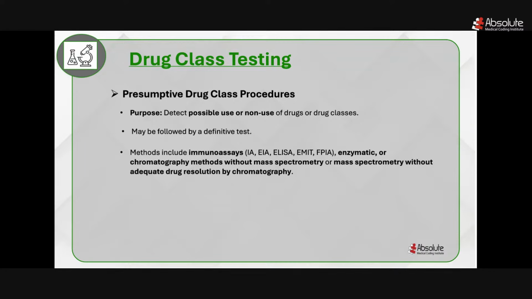Now, a key point is that all the drug class immunoassays are considered presumptive, whether they are qualitative, semi-quantitative, or quantitative. So if you see anywhere saying that the testing was done by immunoassay, that would be considered a presumptive drug test. All right, so keep that in mind always.